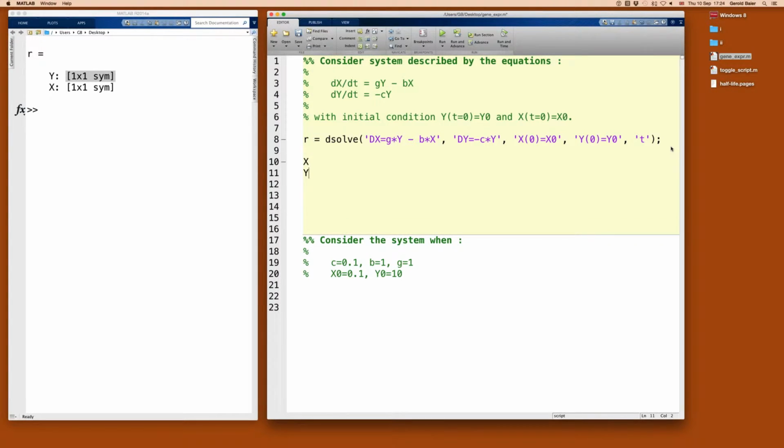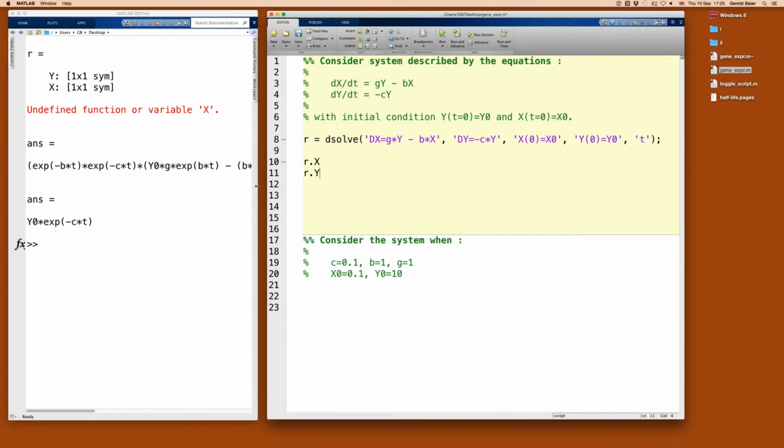So x and y. Let's run this. I'm sorry. So actually, we can't just call x and y, but the way to get these numbers out is r.x and r.y. So from r, we want x, and we do that by r.x.